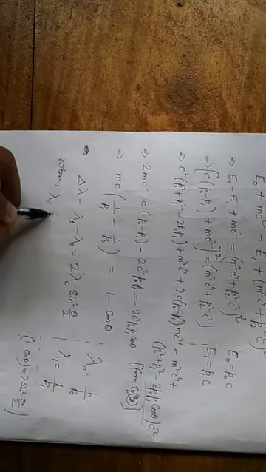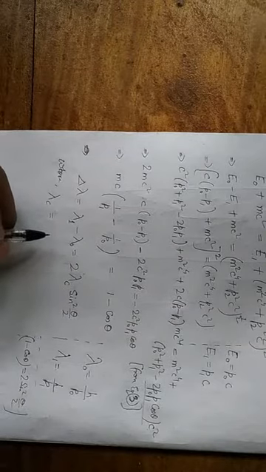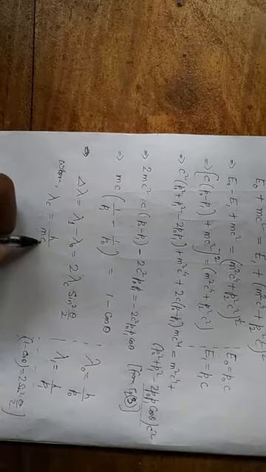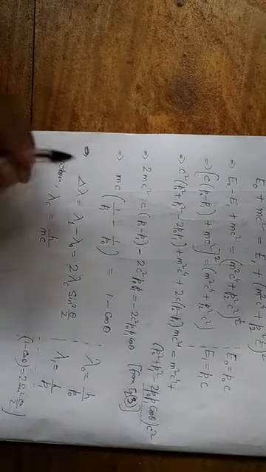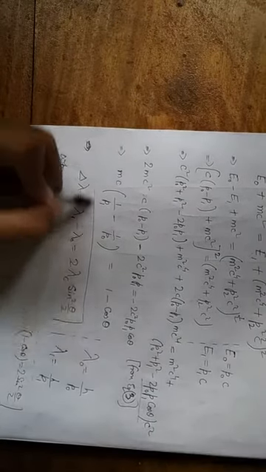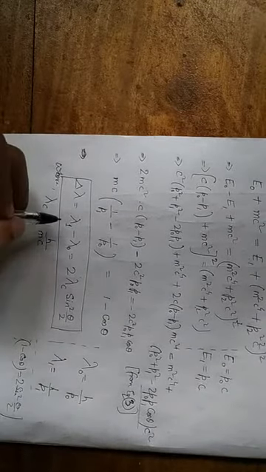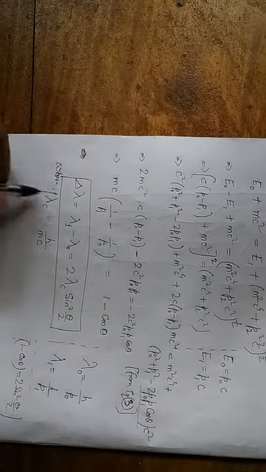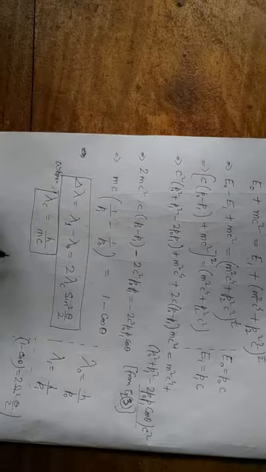The Compton wavelength is h by mc. So remember this Compton wavelength. Hence we have this famous equation called the Compton equation, and lambda c equal to h by mc is called the Compton wavelength.